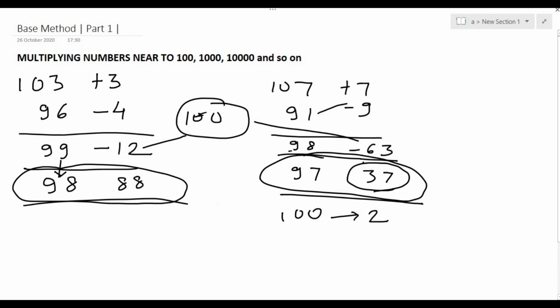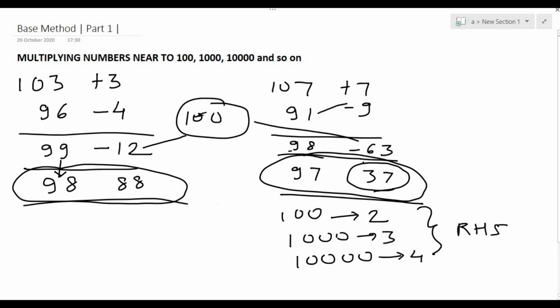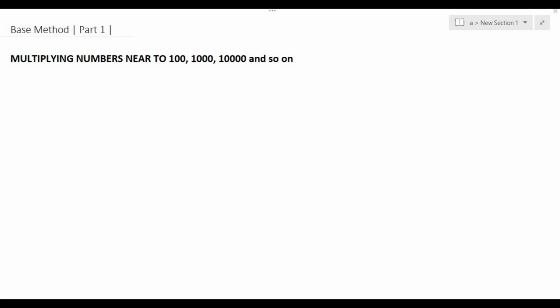When we multiply with 1000, it has 3 digits, and when we multiply with 10,000, it has 4, and so on. As we can see, both times there were 2 digits for 100. That is something you need to take care of. So let me demonstrate one example for 10,000 as well to make your mind clear.